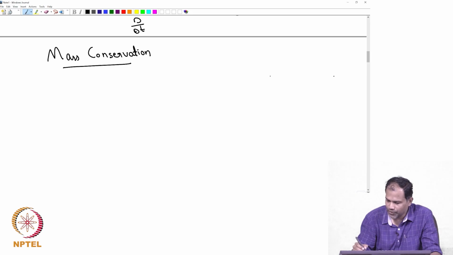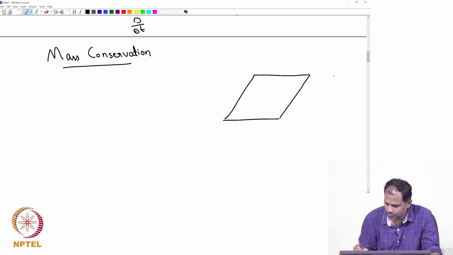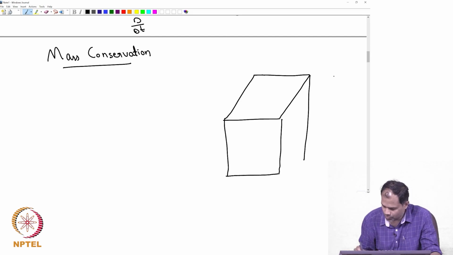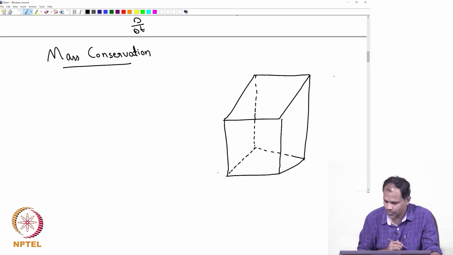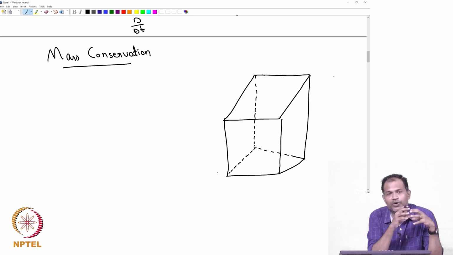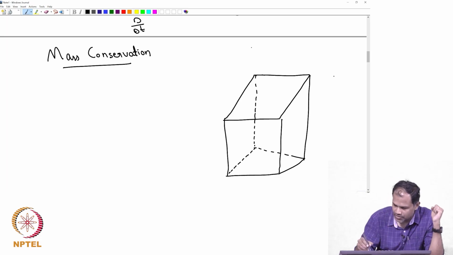So, let us say we will take a fluid element. Okay, so, that is a fluid element which is located at the origin of a coordinate system. So, I will draw the coordinate system.